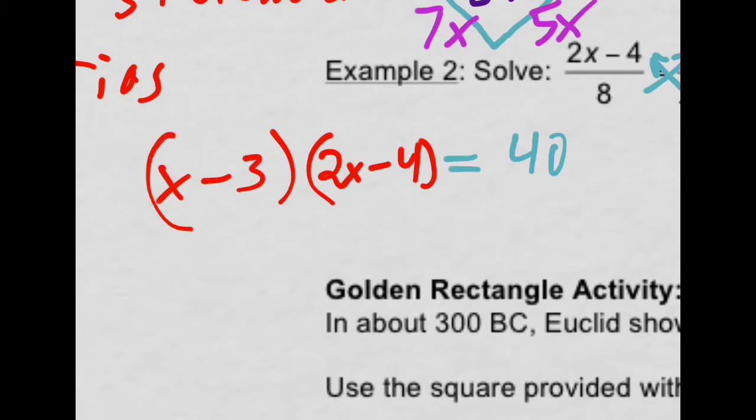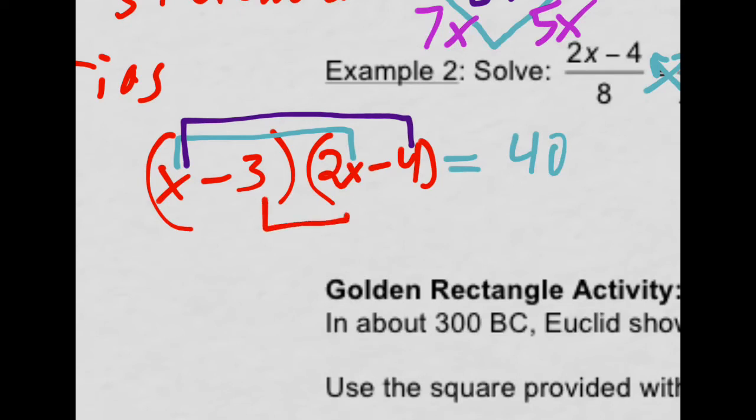Alright, and if you remember how to solve these, we just multiply the front first, and then we can multiply the outer times each other, and then the inner times each other, and then the last two. So the first multiplied times each other, 2x squared. And then the outer multiplied times each other, we got our negative 4x.